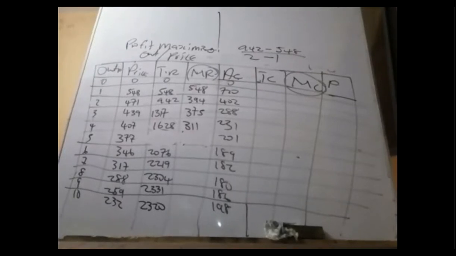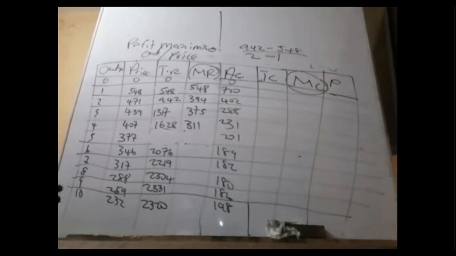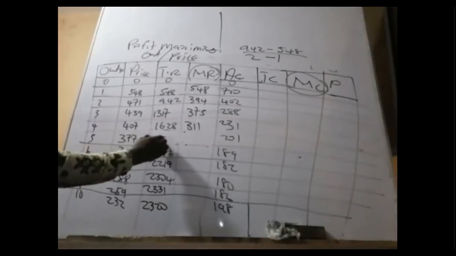Okay, so the total will be, I pick it from there, 377 times 5 on the calculator. That gives us 1885.